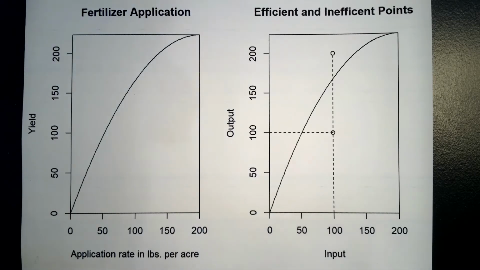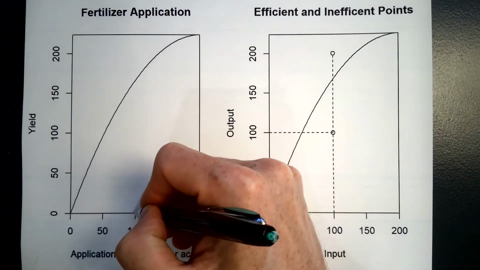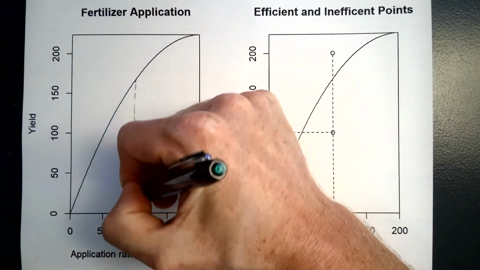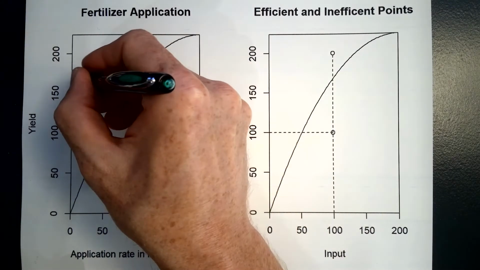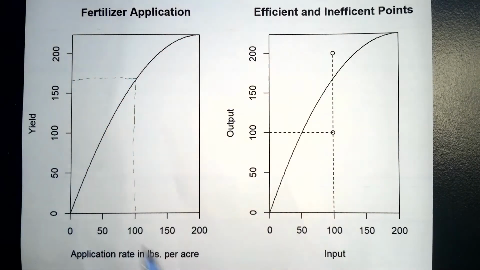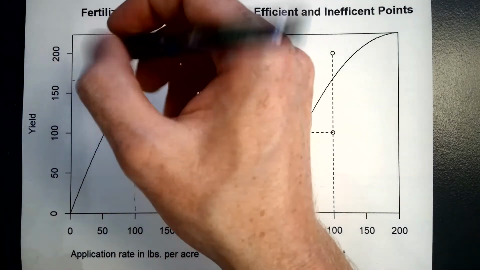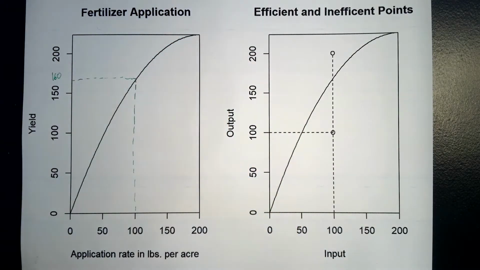Note that if you apply, say, 100 pounds of fertilizer per acre, then what the production function says is that with the 100 pounds of fertilizer per acre, you should be able to get about 160 bushels of corn.